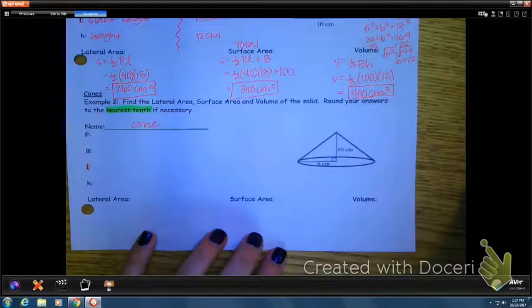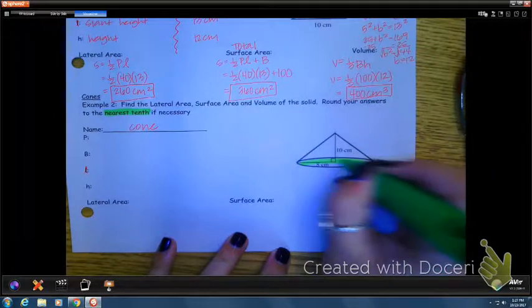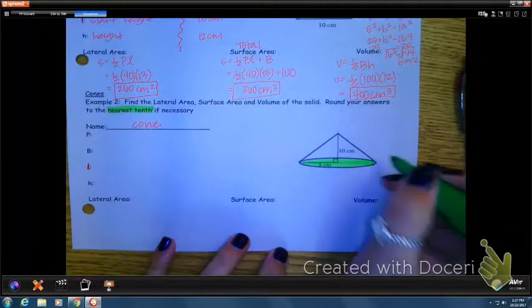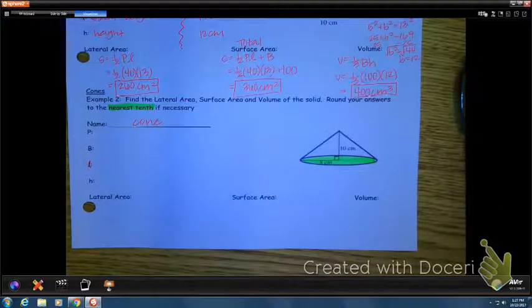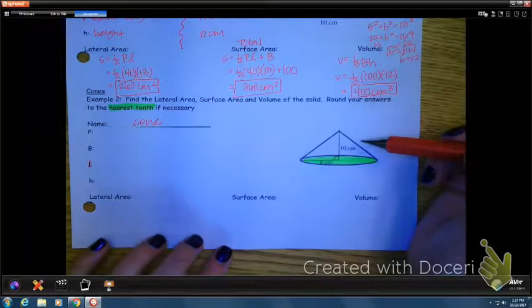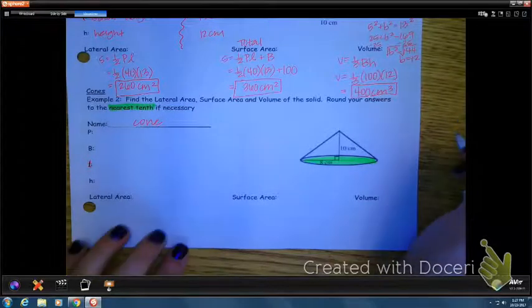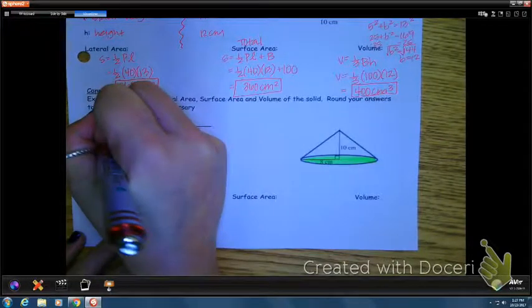The base of your shape is a circle. We talked about this last class. The perimeter of a circle is your circumference. How we find circumference is 2 pi r.